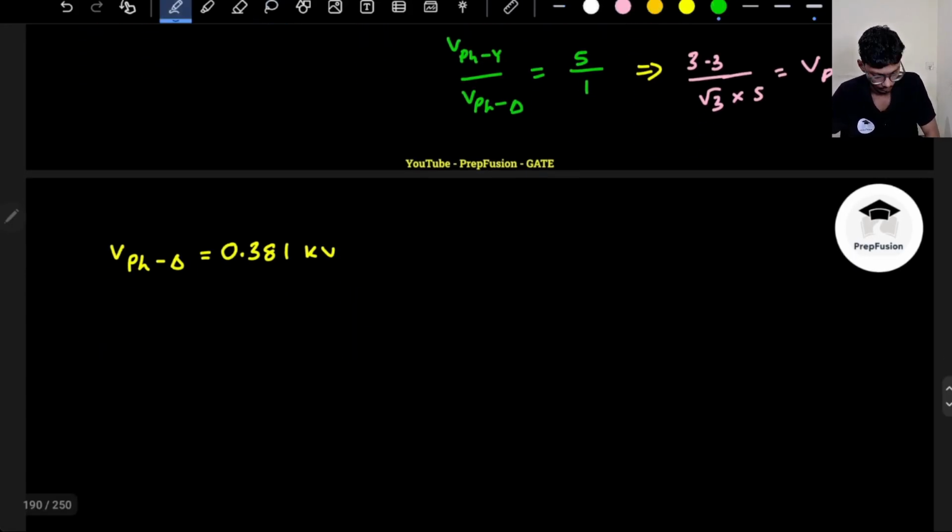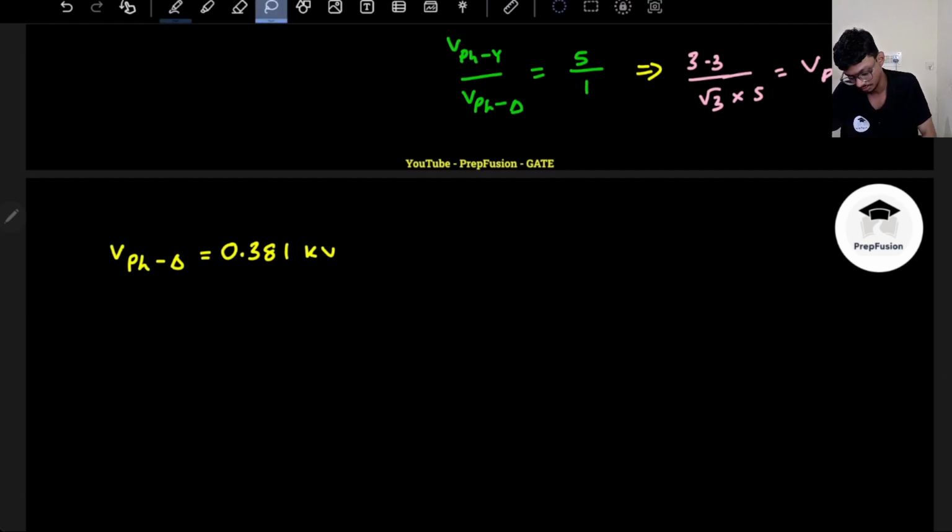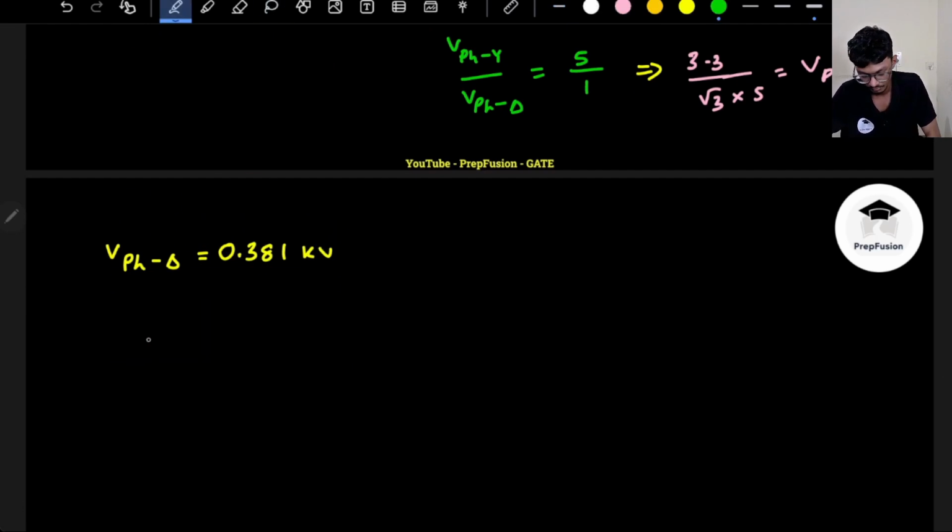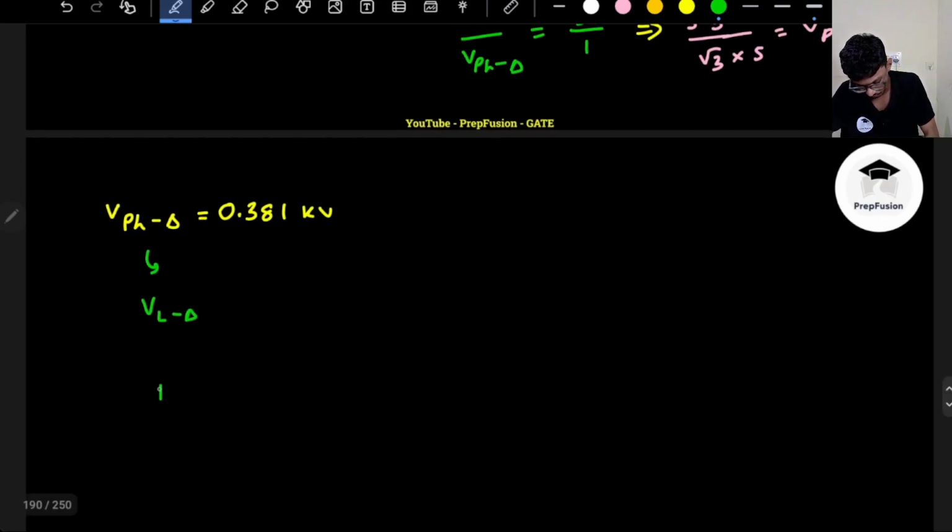Okay, now what about the current? I know that the phase voltage and the line voltage are the same in delta, so this will be VL delta. So I can directly write the IL delta rated current. This will be S, the kVA of the transformer, divided by root 3 VL.